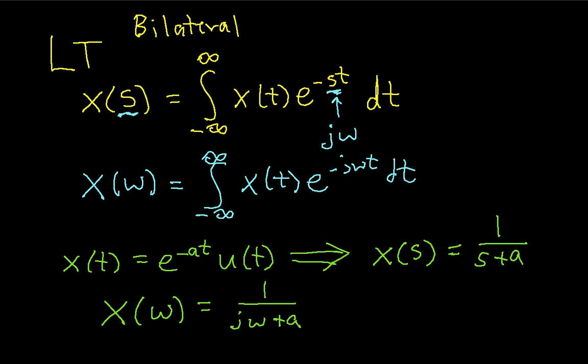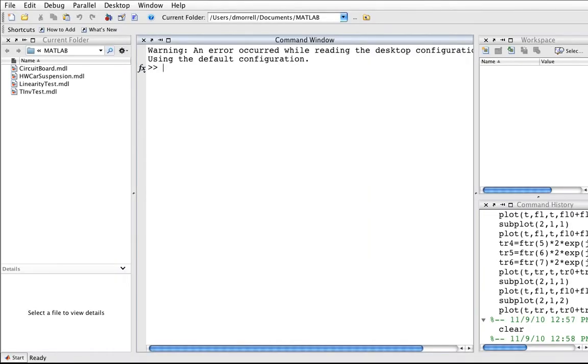So what I'd like to do now is plot the magnitude and phase spectra of this x of omega. So I'm going to try to do this online in the video using MATLAB. If it gets messy, I may pause things and do some stuff without putting it on the video. So we bring up a MATLAB window.